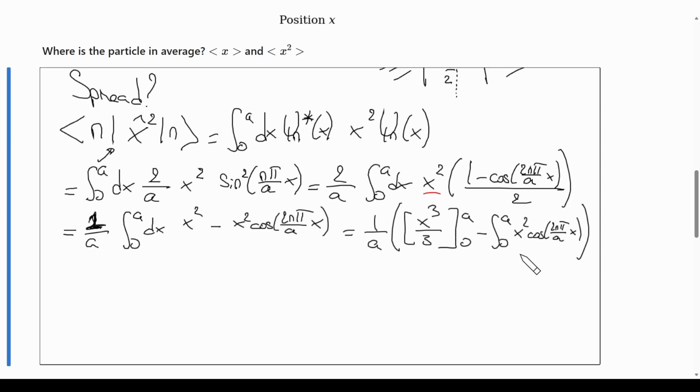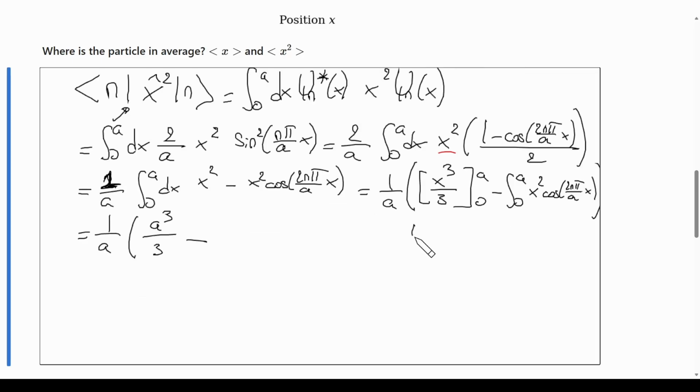Now, the first part is a cubed over 3, and for our integration by parts, we take u prime equals cos 2 n pi over a x, v equals x squared, u will be a over 2 n pi sine 2 n pi over a x, and v prime is 2x.